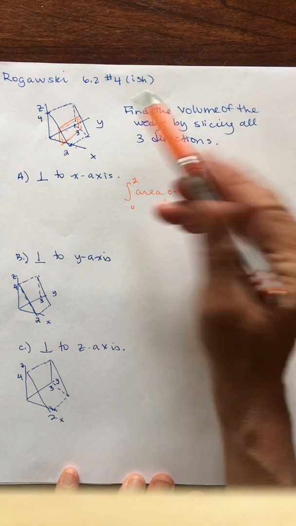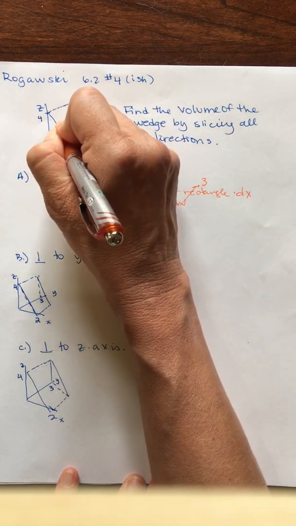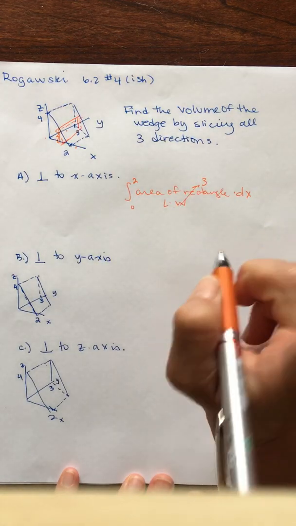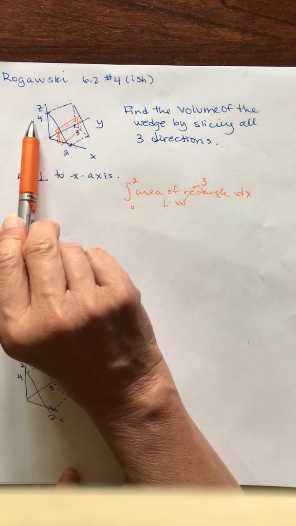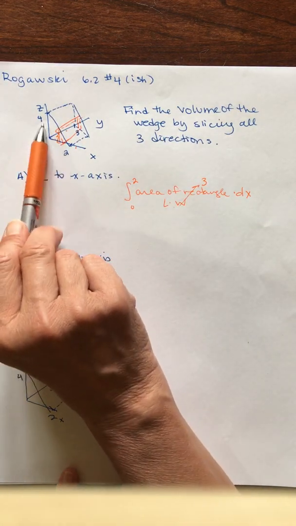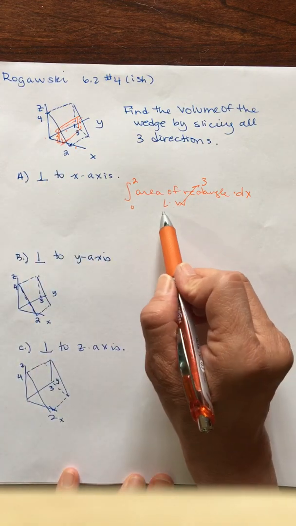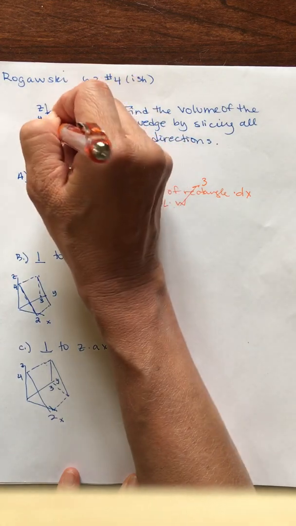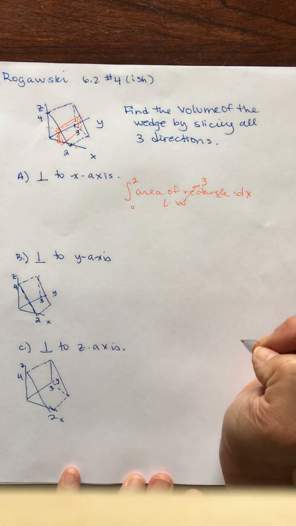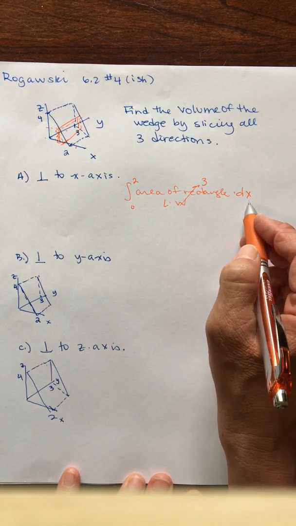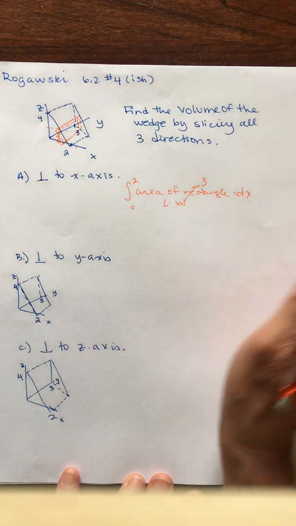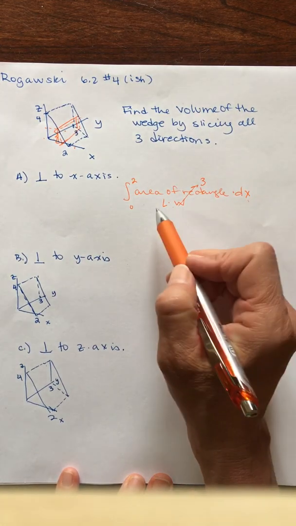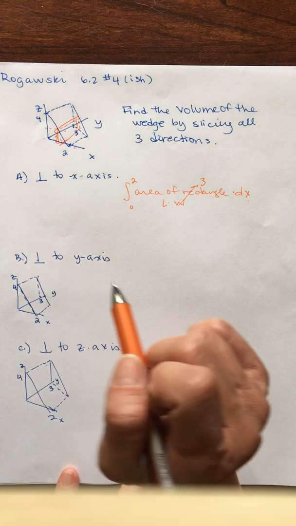Now my length, or the height maybe, this dimension here, that does change depending on where we draw that rectangle. So somehow I have to get that height, which is the z value, but I need it in terms of x. The 3 didn't matter because it was a constant, but the height, it depends.